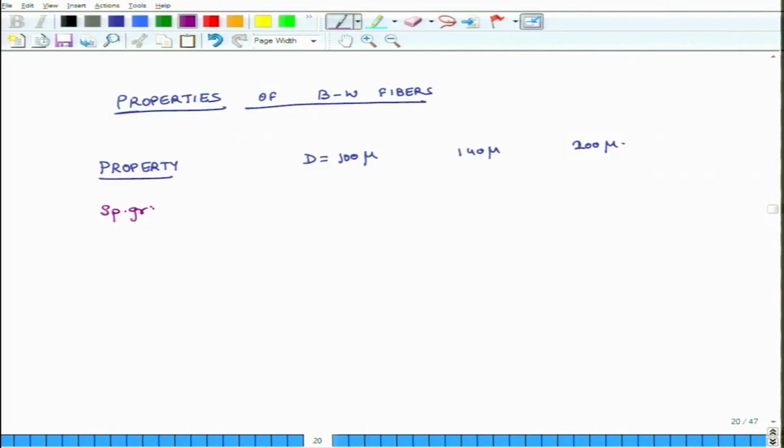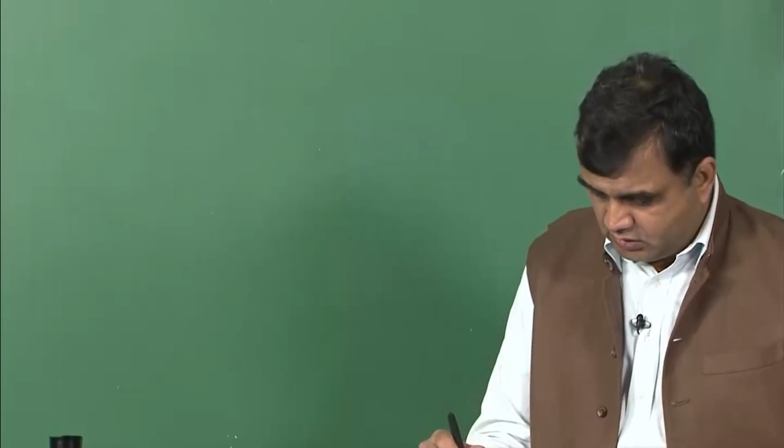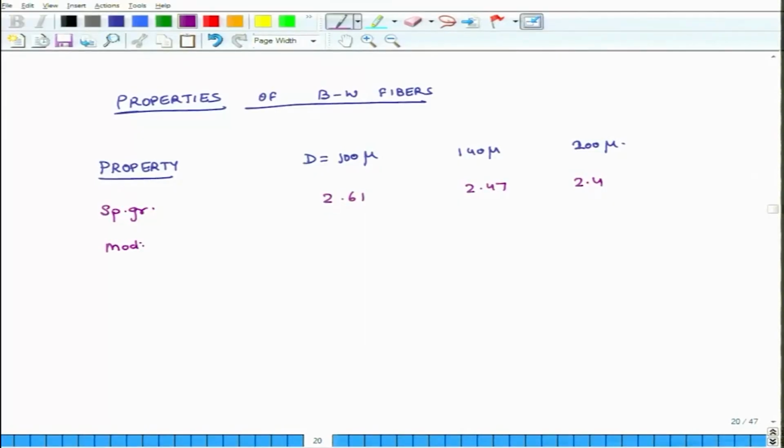So, let us quickly see some of these properties. Specific gravity. So, specific gravity is unitless. So, this is about 2.61, 2.47, 2.4, and the reason this density is going down is because as you put more and more boron on the outside, tungsten is very heavy, boron is very light. As you put more and more light material, the density will go down. Okay. Tensile modulus in GPa.